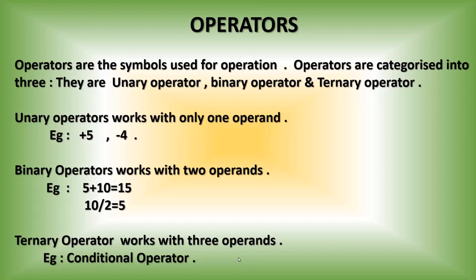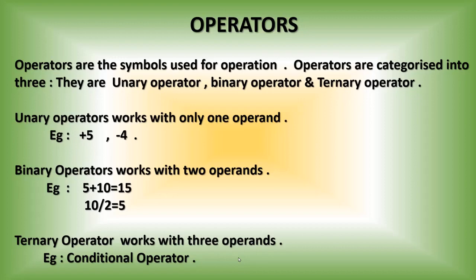And the third one is ternary operator. Ternary operator means operators that use three operands for its operation. There are certain operators which use three operands, for example, the conditional operator. Conditional operator is a ternary operator. We will study it in later classes.